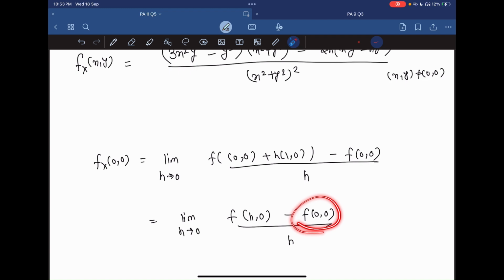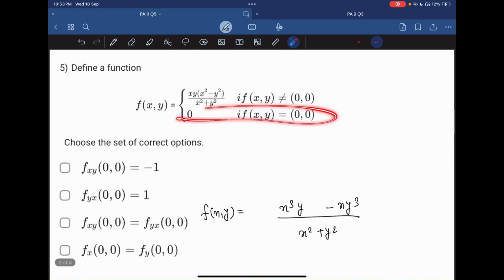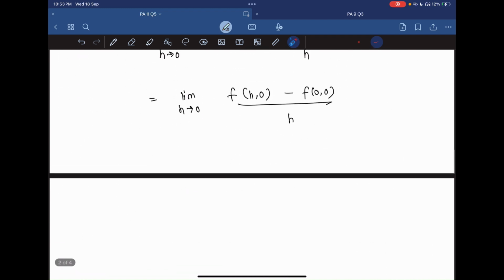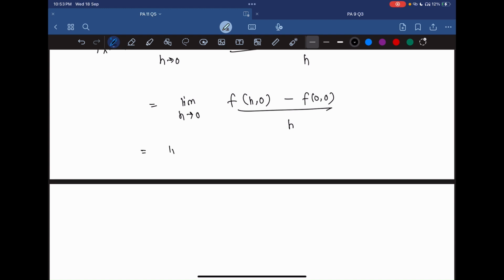The function value at the point (0, 0) is 0. Here the y value is 0 and the x value is h.